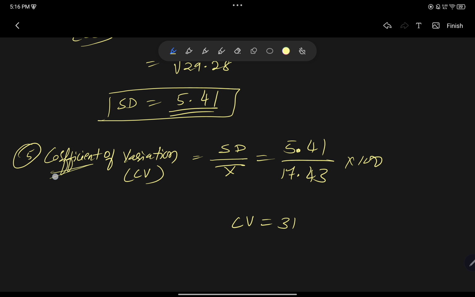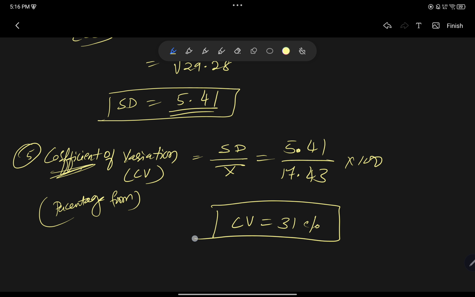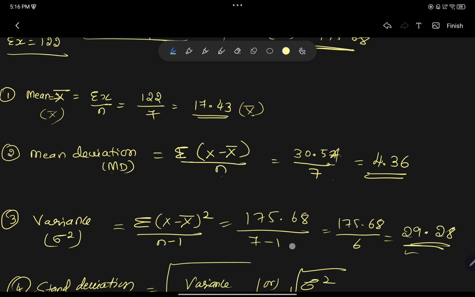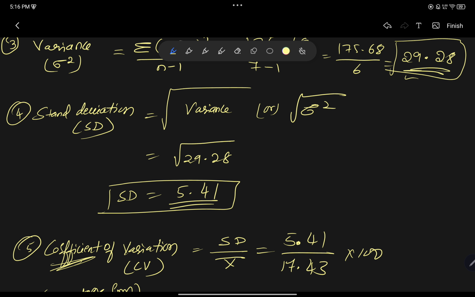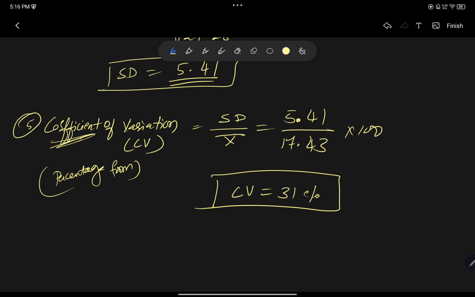Whenever we use the word coefficient, it should be in percentage form. So 31% is your coefficient of variation. Now mean is 17.43, mean deviation is 4.36, variance is 29.28, standard deviation is 5.41 and coefficient of variation is 31%. These 5 things we have learnt in one single question.